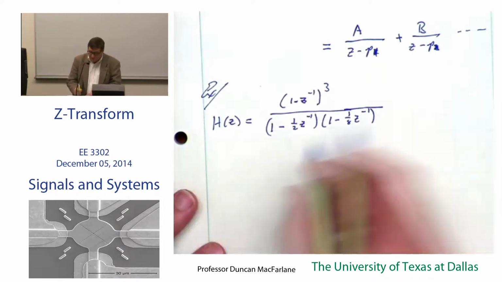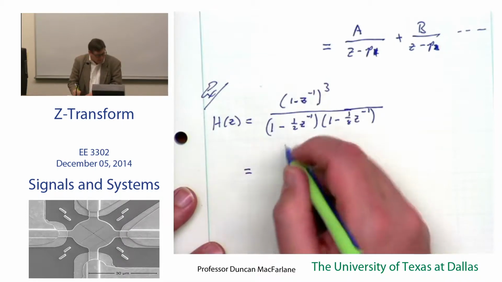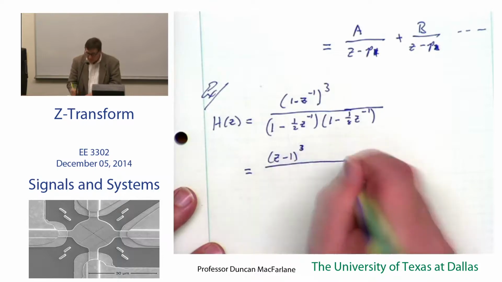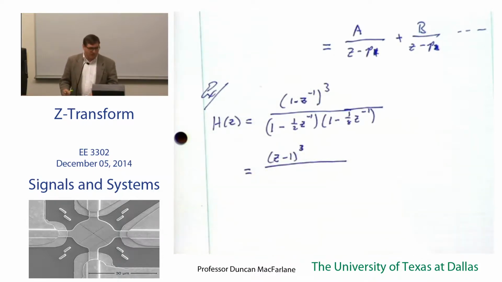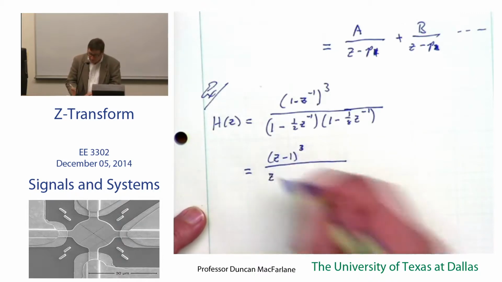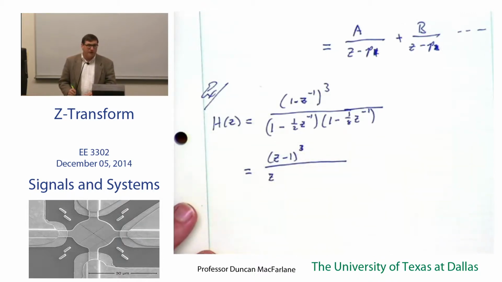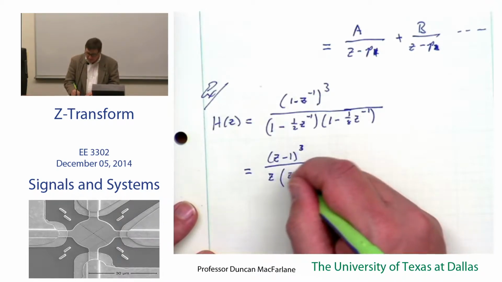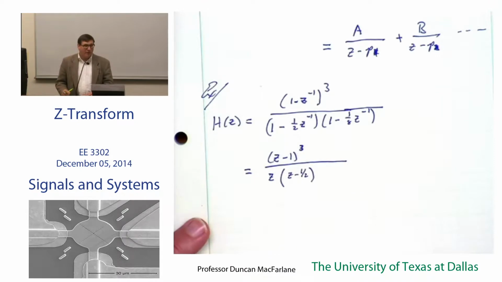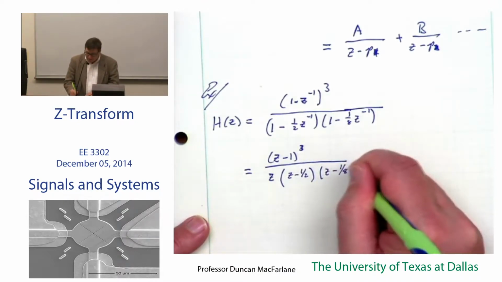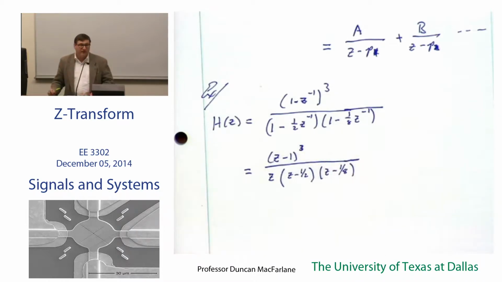So I'll write this more in cascade form. I have z minus 1 cubed, so my zeros are right on the unit circle. And then I'll have a z, so I'll have a pole at the origin. And then I'll have a z minus 1/2, so a pole at 1/2. And a z minus 1/8, so a pole at 1/8. So far it looks like a stable system.